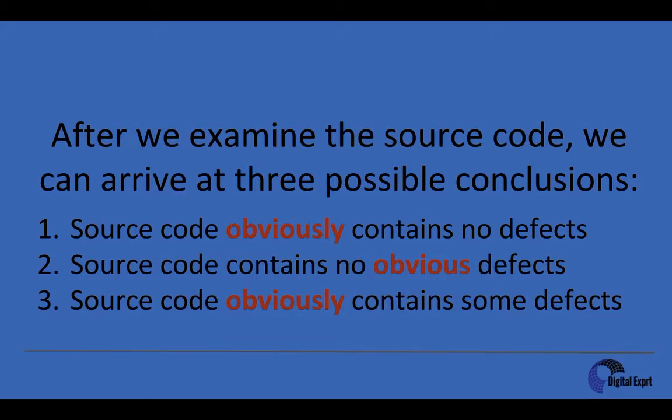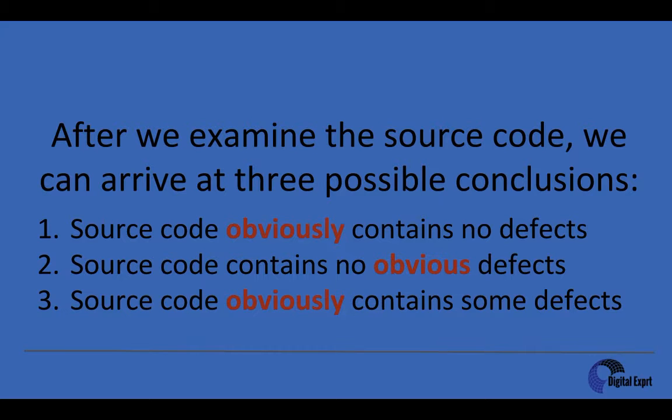If we sit down and examine the source code of any project, we can potentially arrive at three conclusions. There are three possibilities. The first conclusion would be that this source code obviously contains no defects. So everything holds water, everything is rock solid. We see all the logic is tight, and we can pretty much sign on the dotted line that there are no defects.